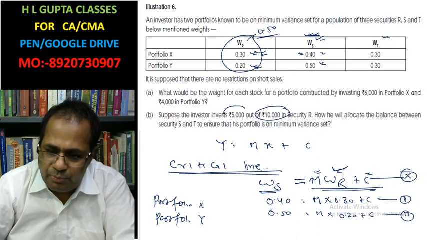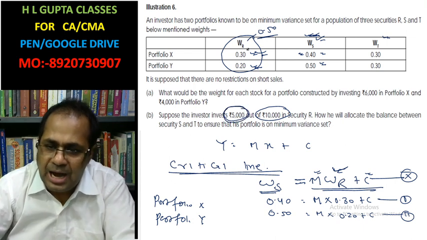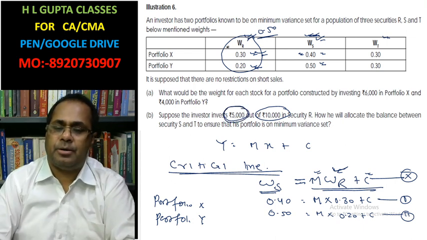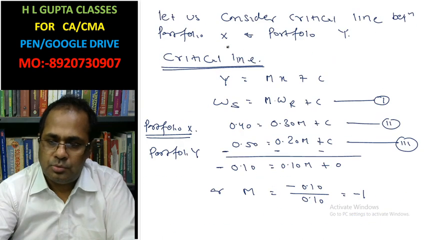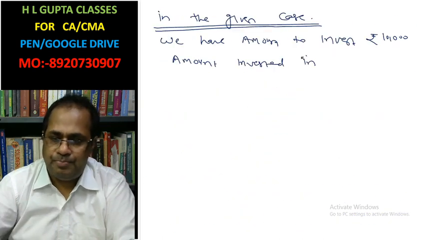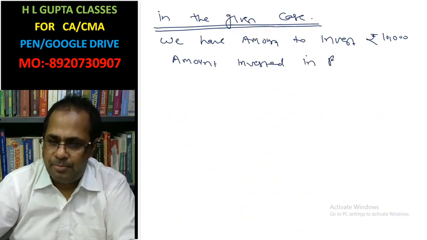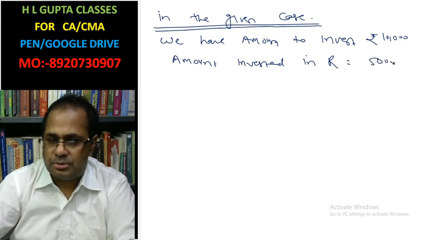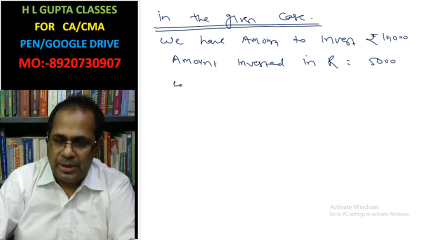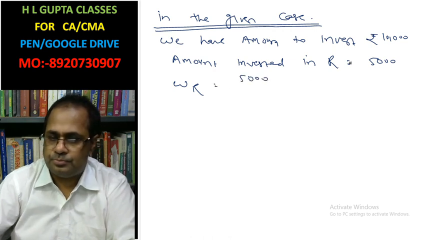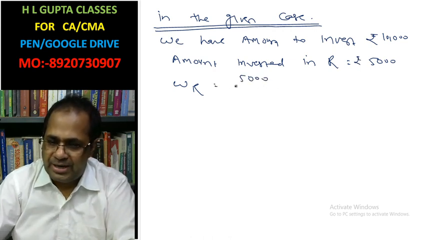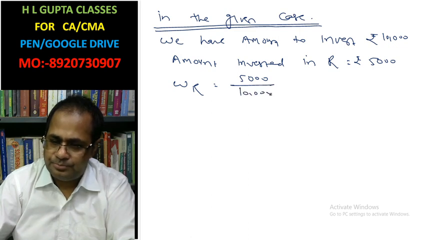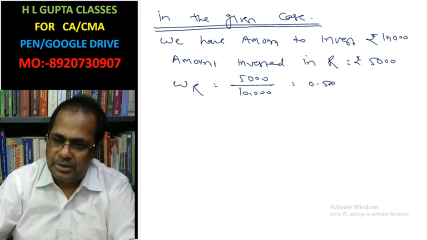Out of this 10,000, 5,000 is invested in R. Weight of R equal to 5,000 divided by 10,000, that is 0.50.